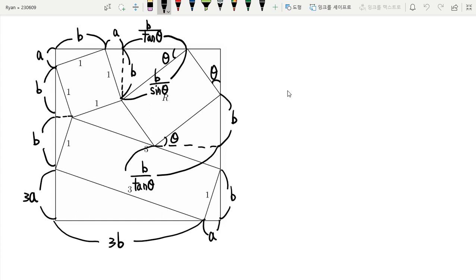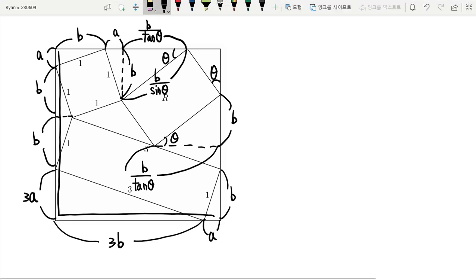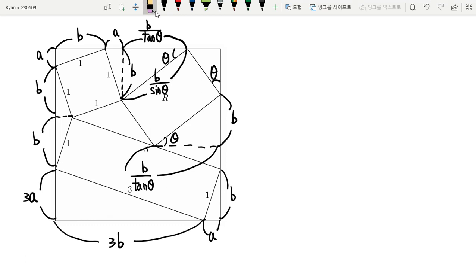And then let's look at the big square now. Because that's a square, this length should be the same as this length. So if we compare this big side length, the a and b cancel.